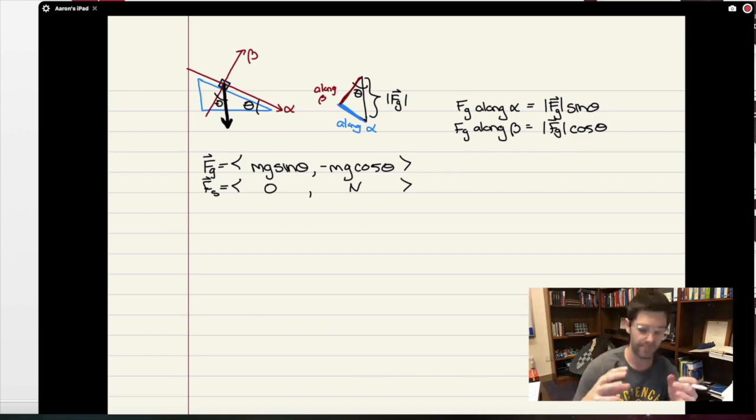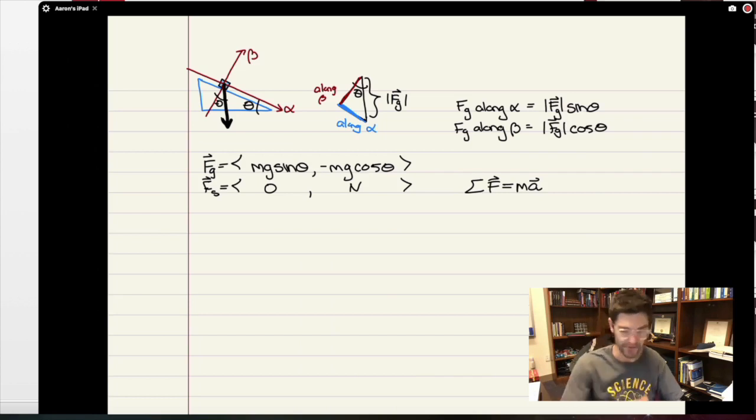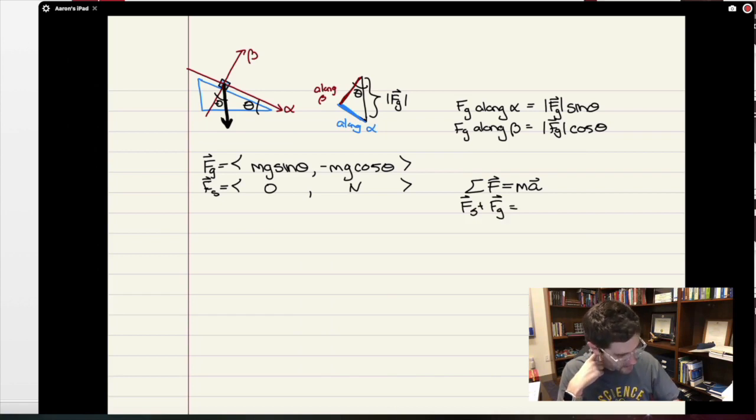So again, what you're doing is you're just changing coordinate systems. You're just saying, instead of looking at it horizontally, vertically, I'm going to look at it as along the ramp and perpendicular to the ramp. So then what can you do? Again, Newton's laws still apply. There's nothing built into these about it being in the horizontal or vertical direction. So I can still write down the vector force of the surface plus the vector force of gravity equals the mass of the box times the acceleration of the box.